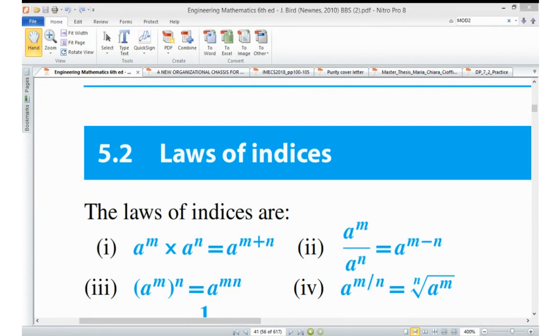So if we have an index which is a fraction, then we can re-express that expression like this. The denominator becomes the root and the numerator becomes the power. So we have nth root of a raised to power m.